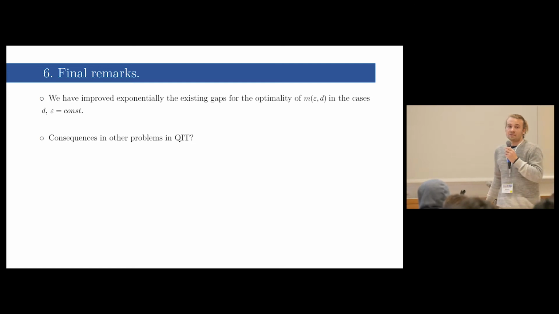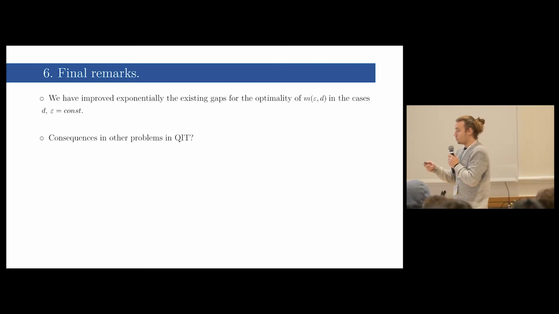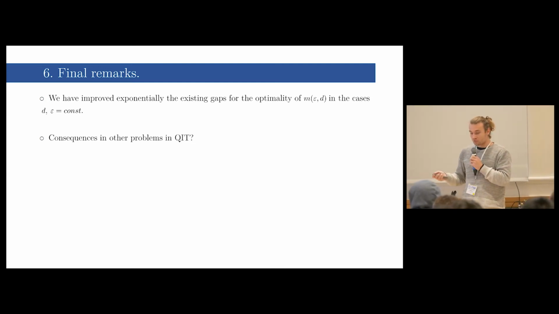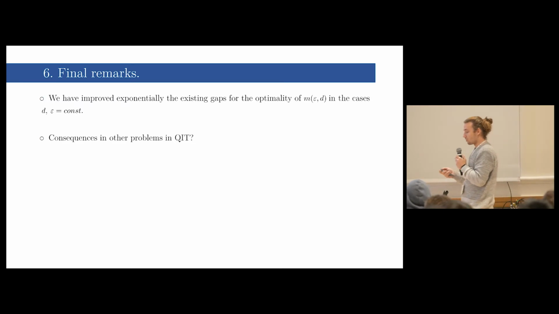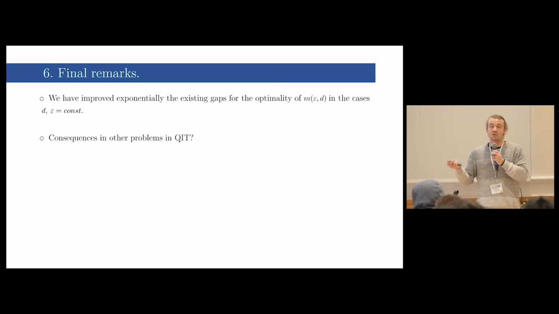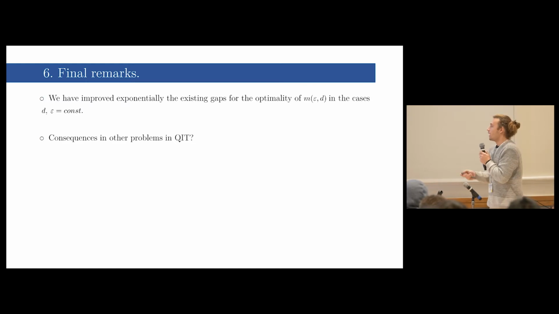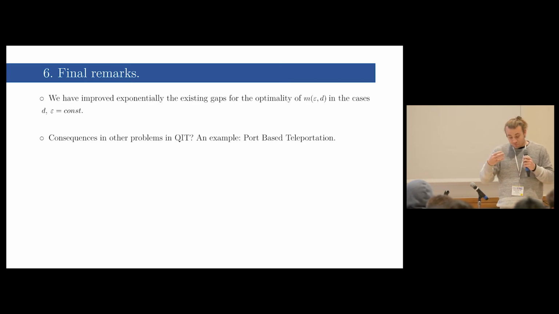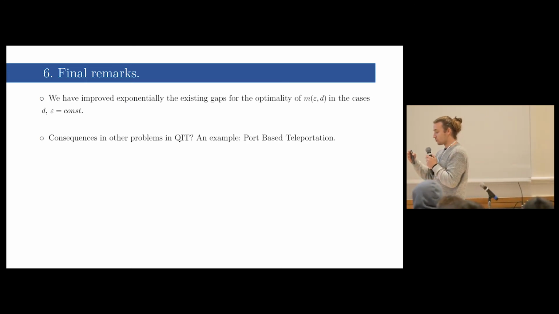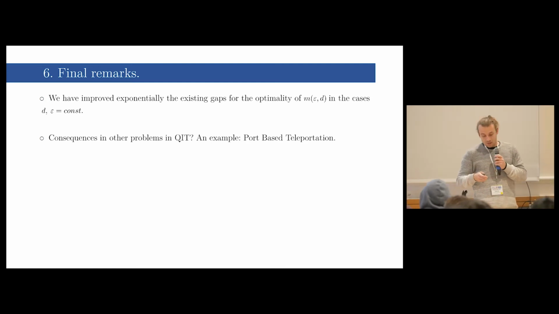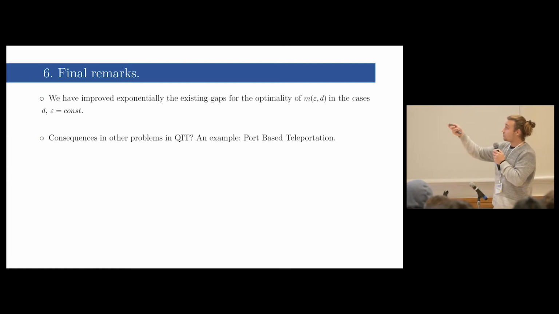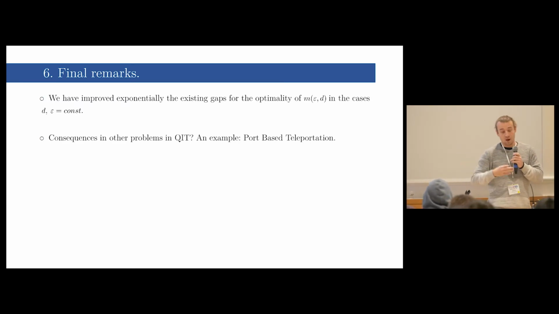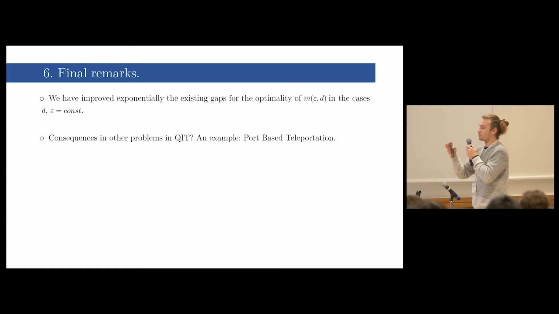Next comment is that, as I told you, UPQP appears in relation with many problems in quantum information theory. So can we use the results we give in this work to obtain some new information about other problems in quantum information? An example is given by port-based teleportation. If you use our lower bounds, which were deduced for these universal objects, to bound the resources you need to consume in port-based teleportation, you already obtain for free some bounds on the entanglement consumption of the protocol.